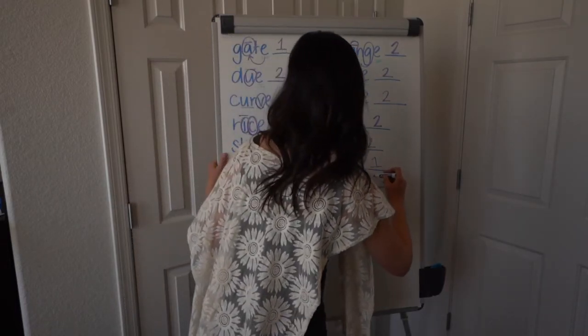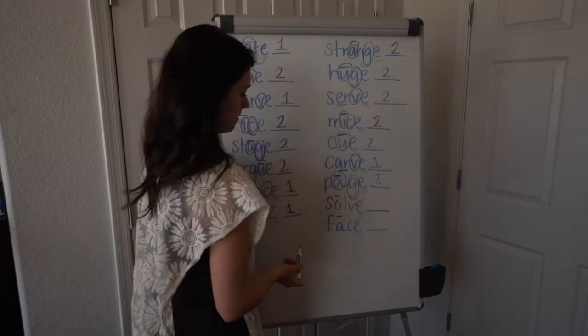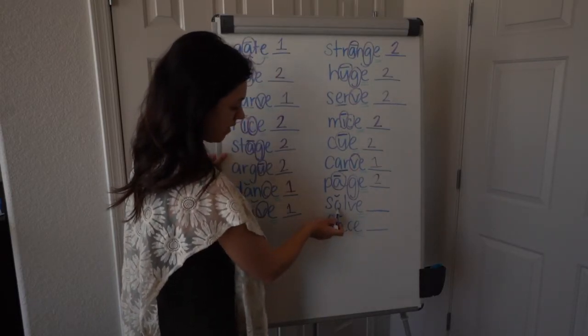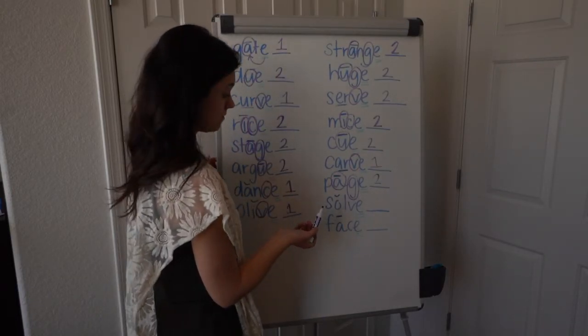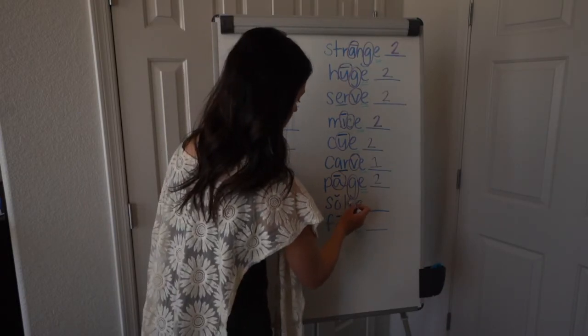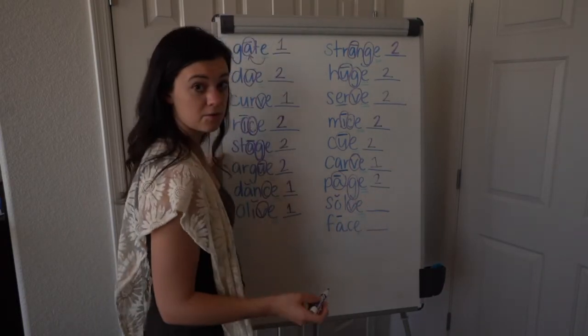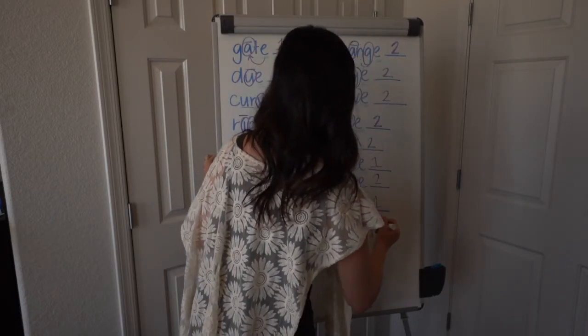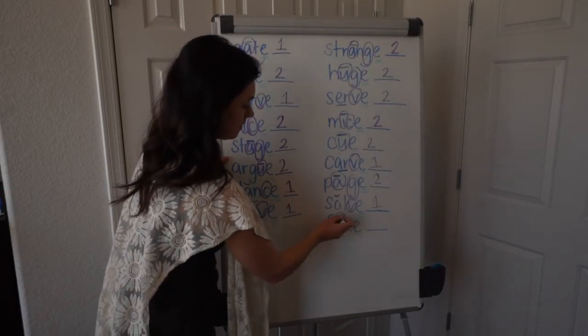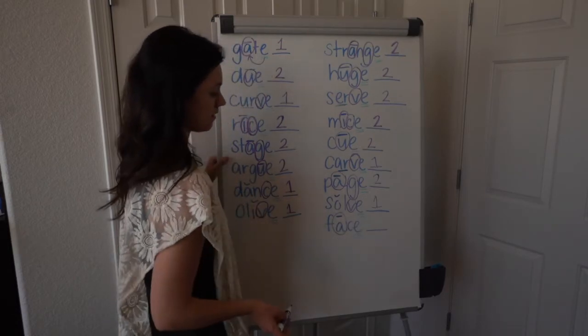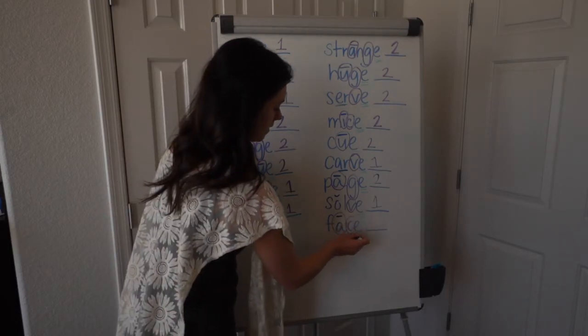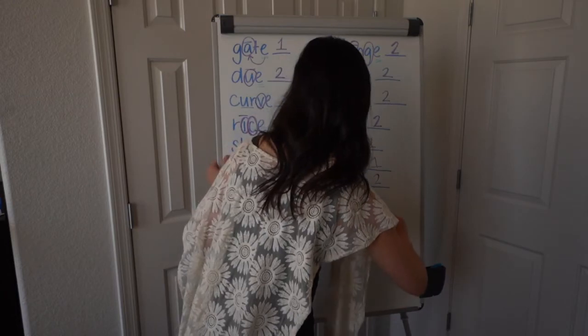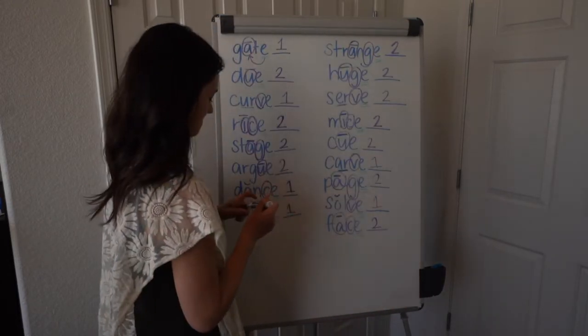So there are 2. For this one, solve, our O is saying its short sound, but we do have our V, and English words cannot end in I, U, V, or J, so just 1. And then finally with face, we have our A saying its long sound, and our C is saying its soft sound. So we're going to say 2, okay?